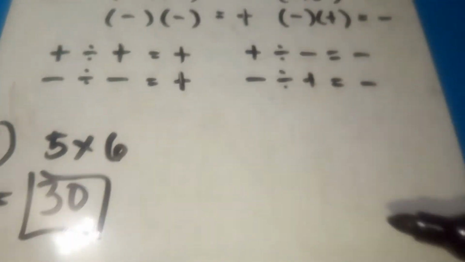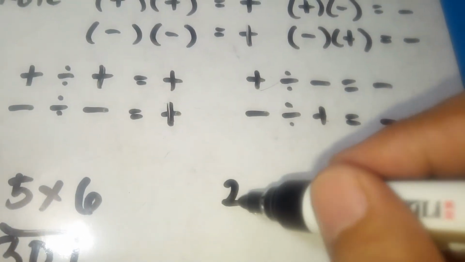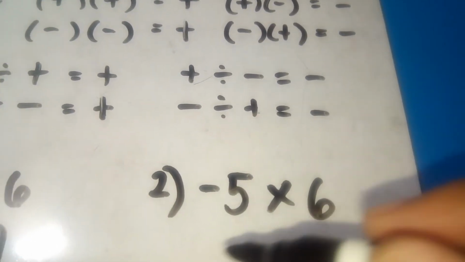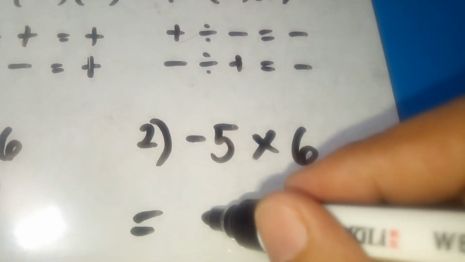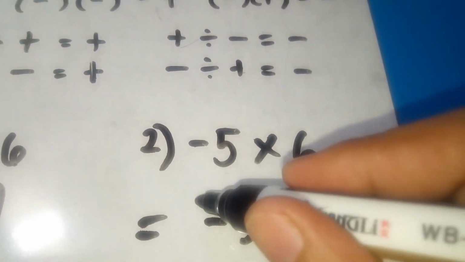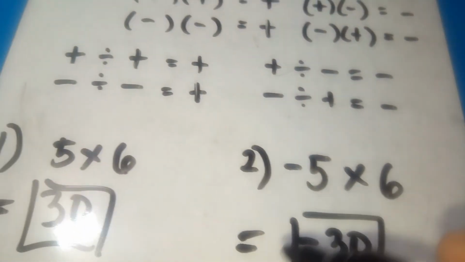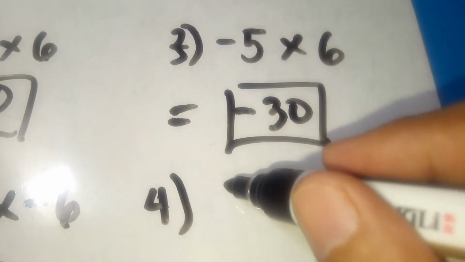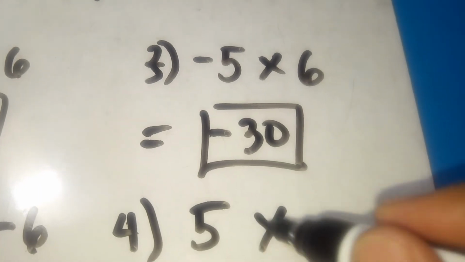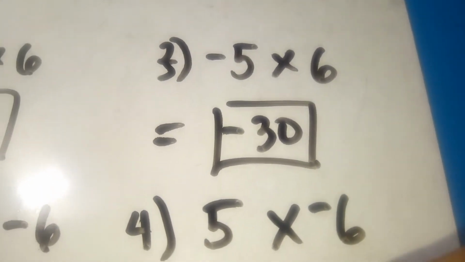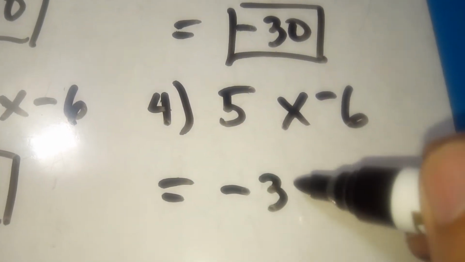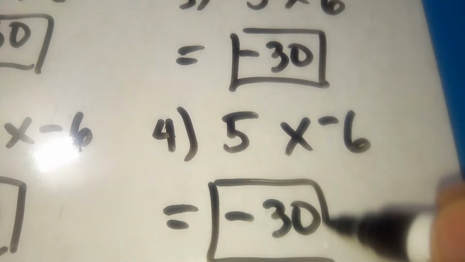How about if 5 is negative and 6 is positive, the result will be negative. And number 4, how about if 5 is positive, this time 6 is negative, the result will be negative 30. So let's check using my calculator.